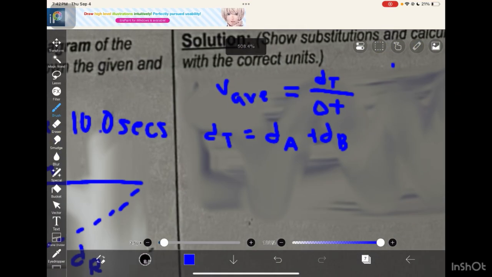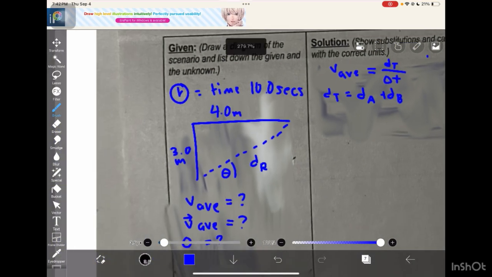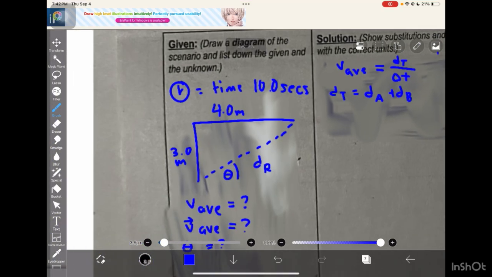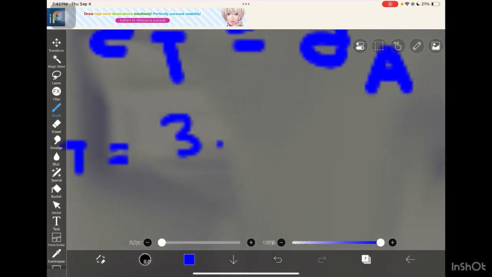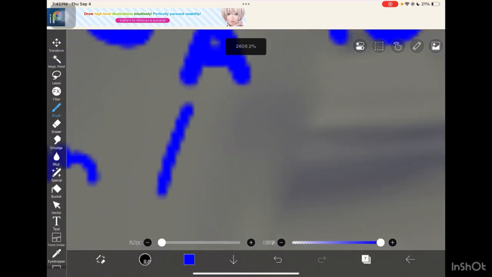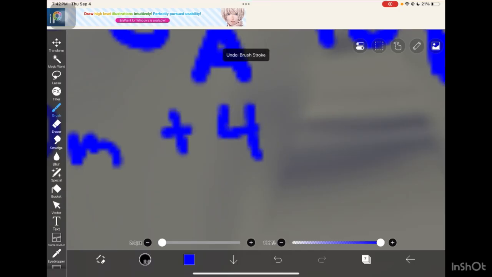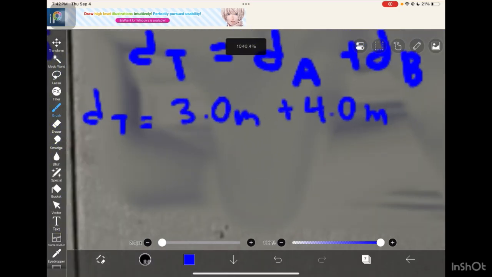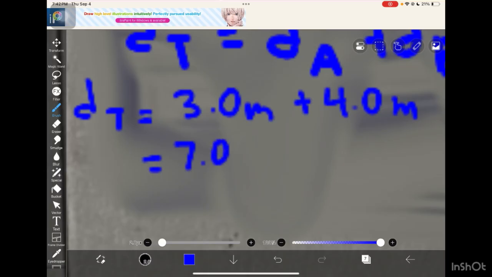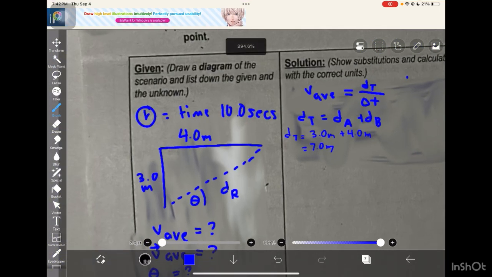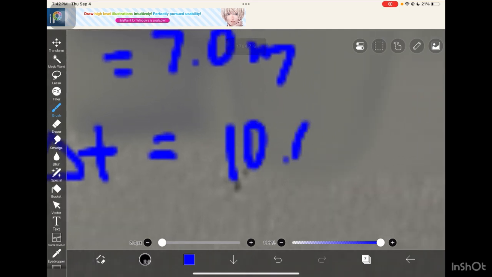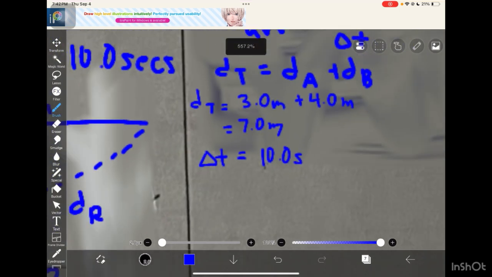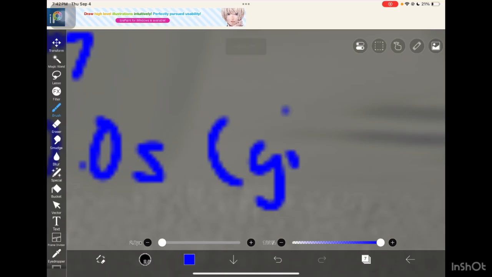So once again, I told you can use any type of variable here as long as you tell it. So d sub t is equal to 3.0 meters plus 4.0 meters equals 7.0 meters. Then delta t is equal to 10.0 seconds. That's given.